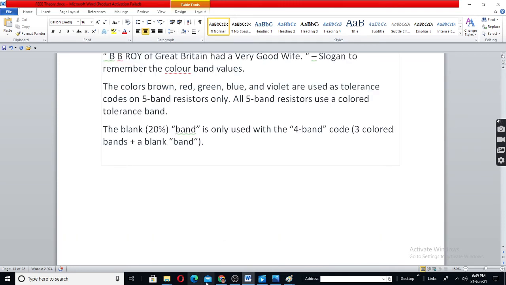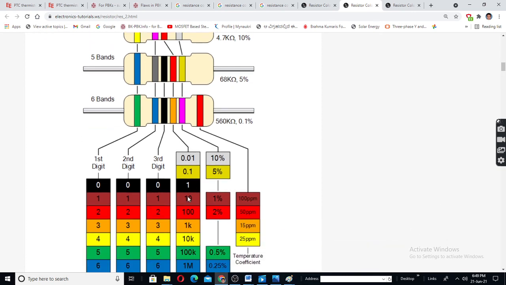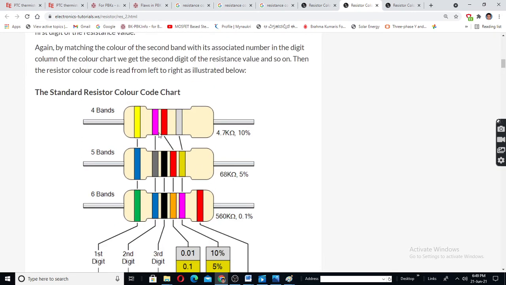Is it violet? Okay, it is violet. Actually, it looks like pink, not violet, but here it says violet. Then red is the multiplier. So red is 2, BB Roy, right, 2. So 47 into 100, 10 to the power of 2. So 4700 means 4.7 kilo ohms. Then you have silver here as tolerance.